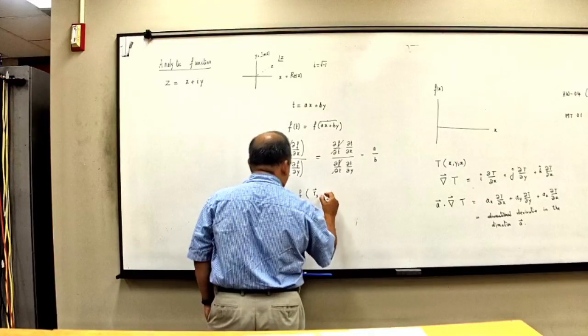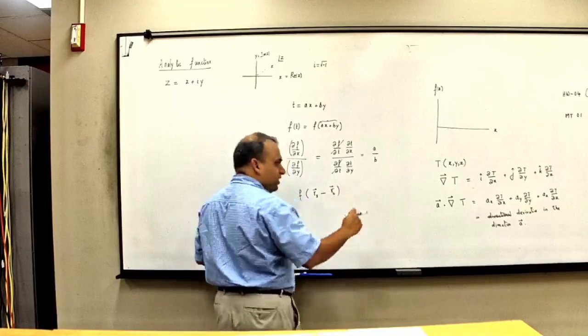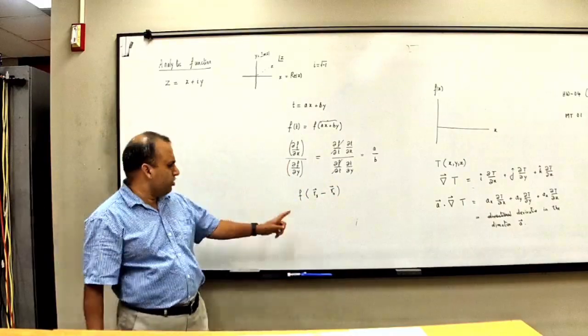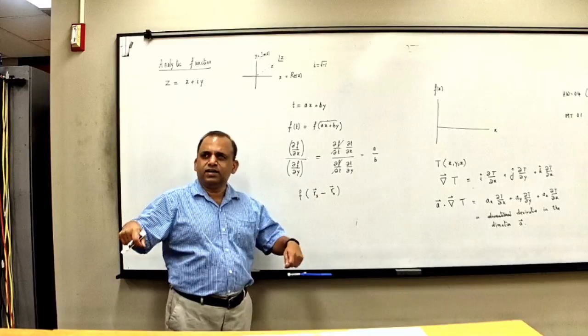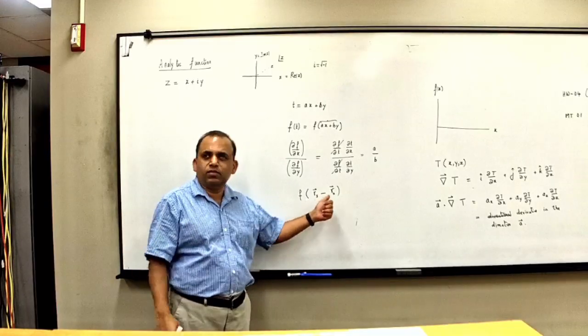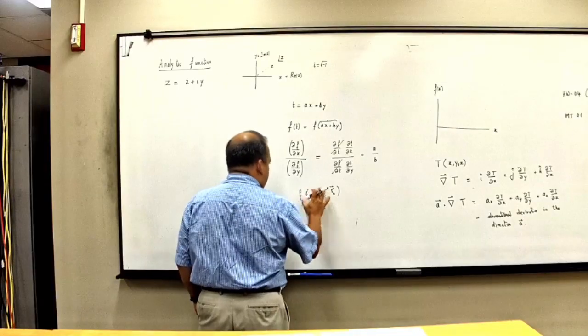This is the position of the source and the position of the observer. Usually there is a detector, there is a source, and most of the physics depends on the distance between them. Let's make it simple, let's make it one-dimensional.